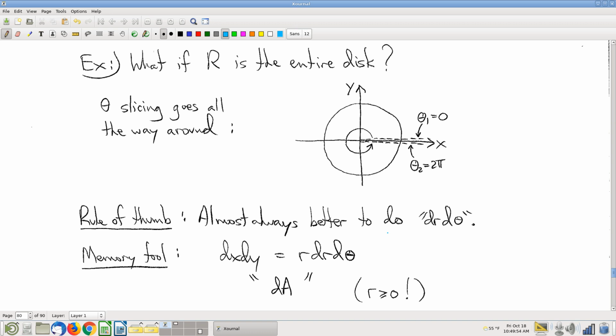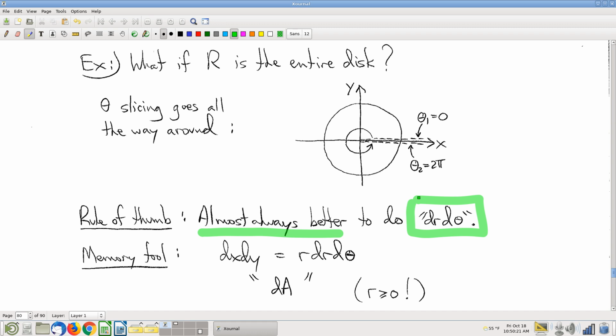Before we go on to more examples, just some quick for your informations. I think these are useful to observe. It's almost always better to do your slicing in this order. Almost always. If I were pushed to come up with a counterexample, I can do it. I can construct, at great inconvenience, an example where it's actually better to do it the other way around.